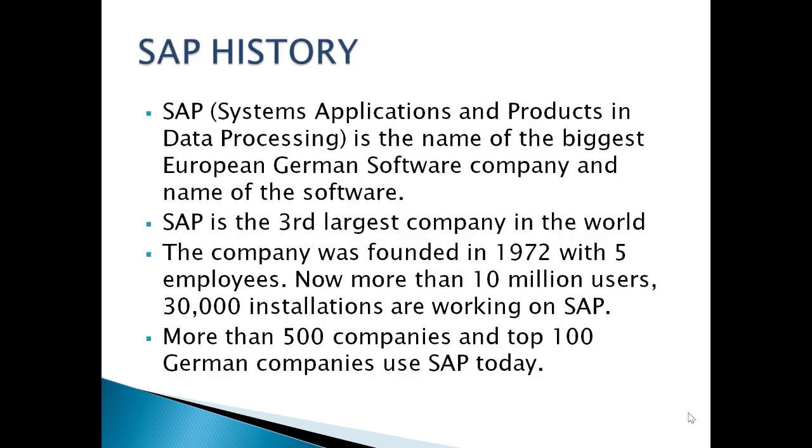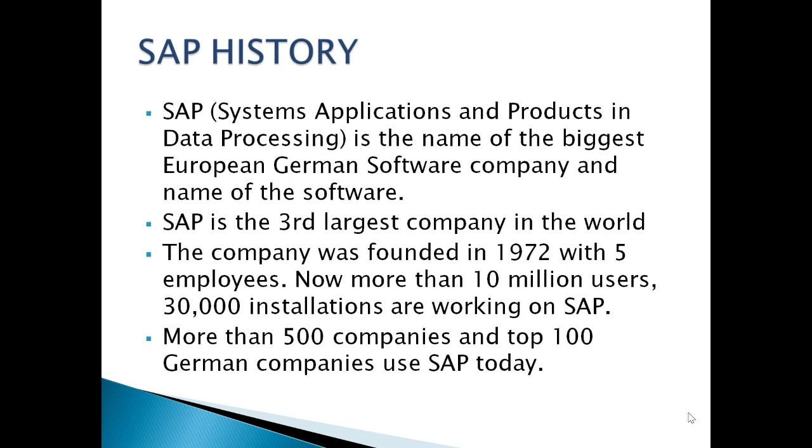So SAP History. As discussed, SAP stands for Systems, Applications and Products in Data Processing. SAP is the name of the biggest European German software company, and the name of the software is also SAP. SAP is the third largest company in the world today.